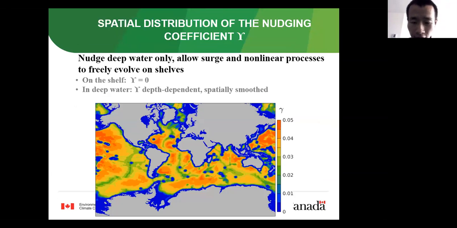Yeah, we set a maximum of 0.05. Okay, that's it. Very good. And it's just in the deep water.